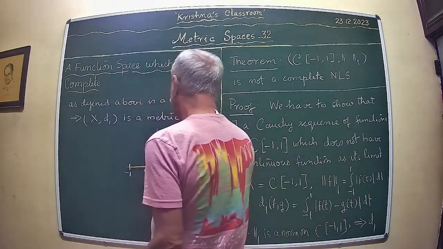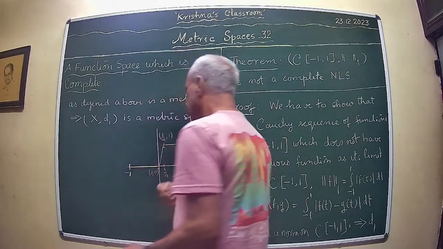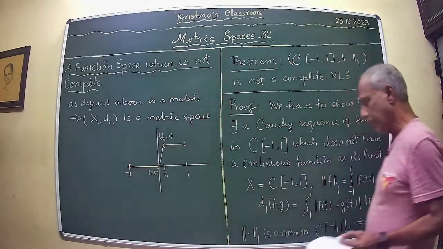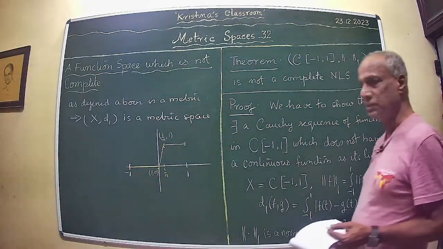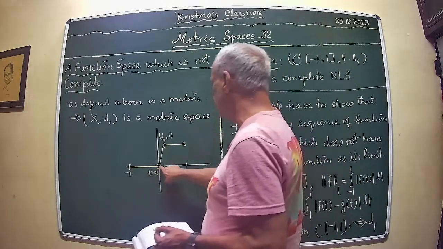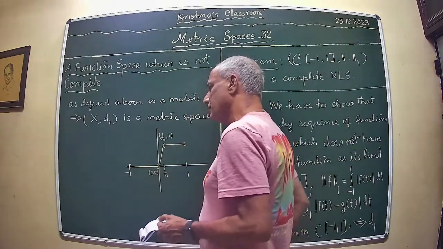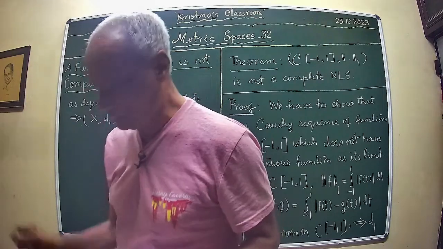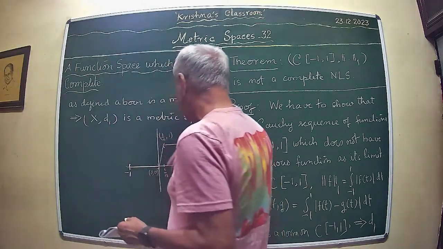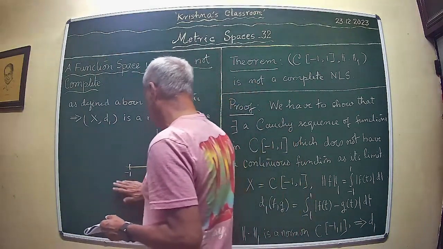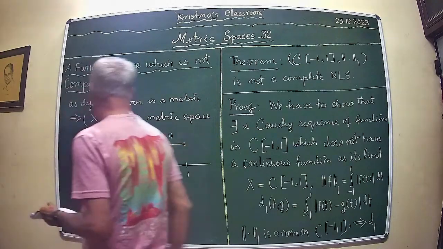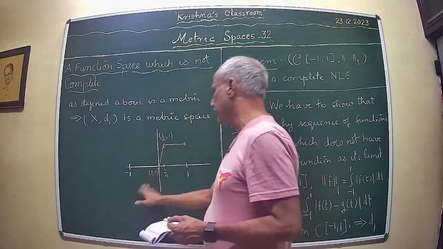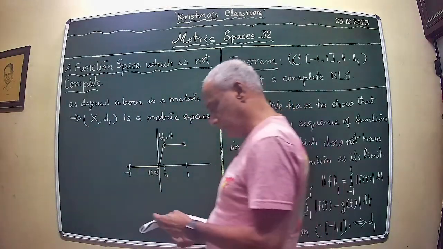Therefore what results is a discontinuous function with discontinuity at the point 0. Okay, so that's the strategy, but we have to prove all this. These are all the intuitive observations that we make from the geometry of the situation.